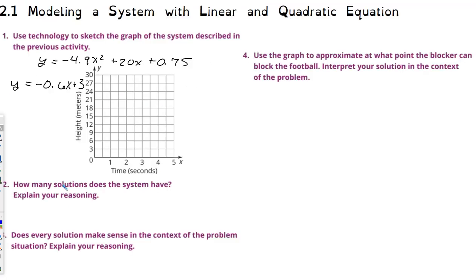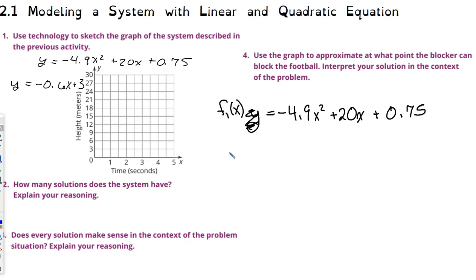So let's go ahead and graph it in your graphing calculator. So let's graph these two equations. Y is equal to negative 4.9x squared plus 20x plus 75 hundredths. And so remember, when it's y, that's the same thing as f1 of x.